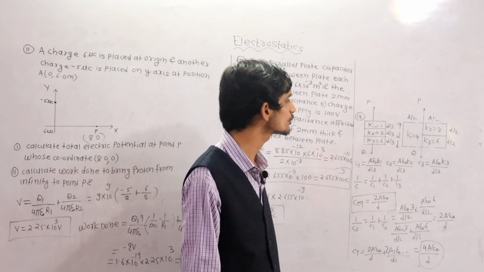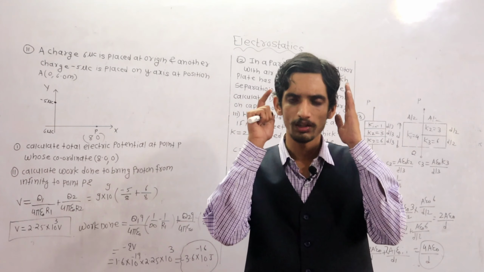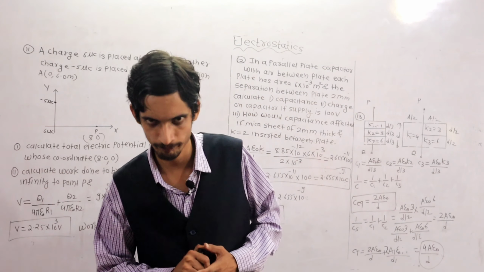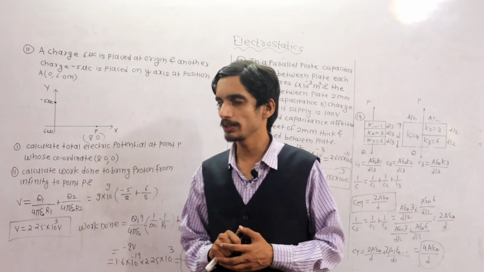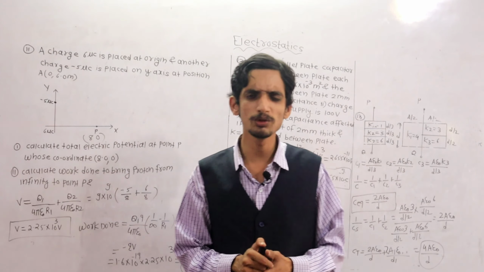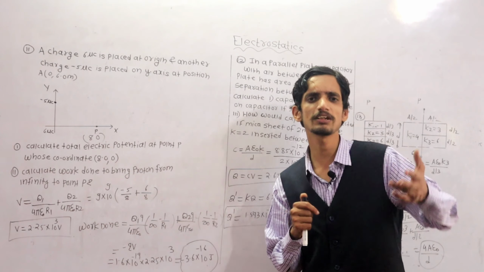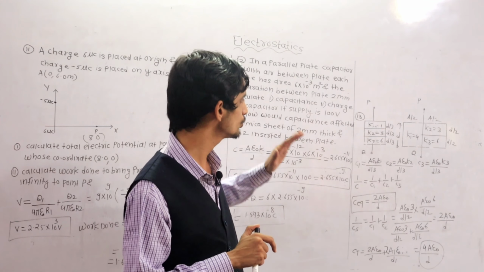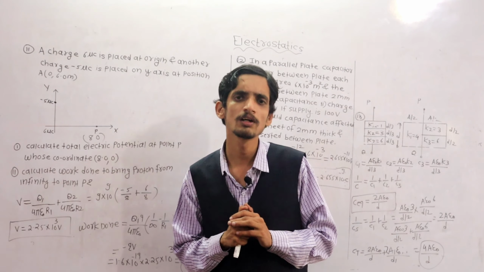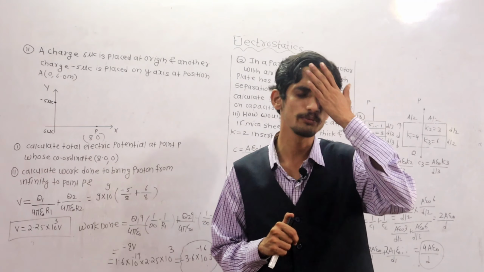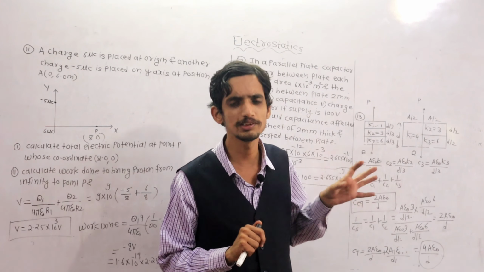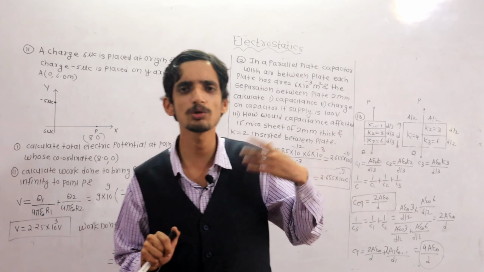Clear? So in this way, we have completed the numerical session of electrostatics. You have to go through the revision lecture in which I completed all the formulas, and later on you go through this particular numerical session, then try to solve some important problems on your own, so that it becomes easier for you to revise the content.